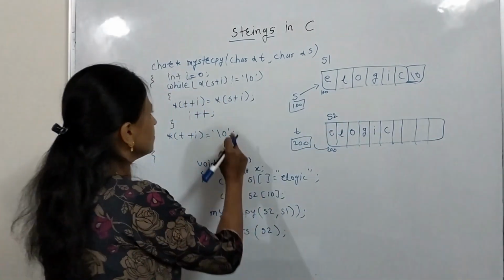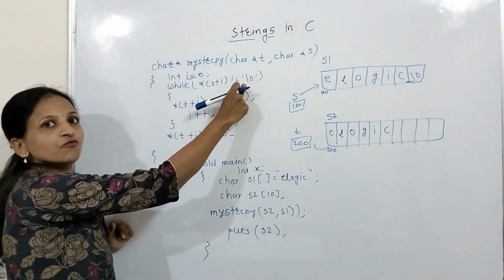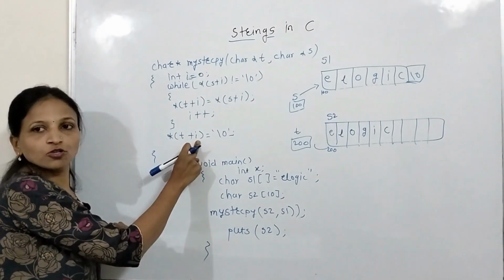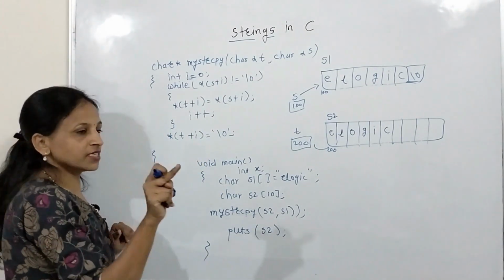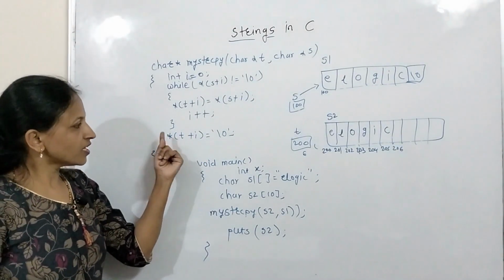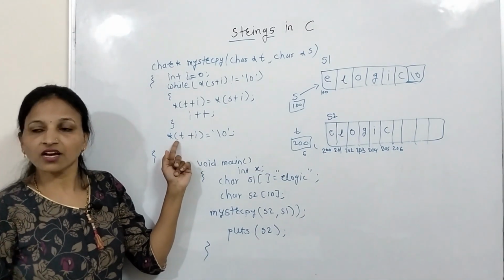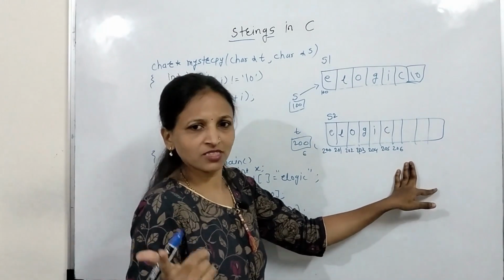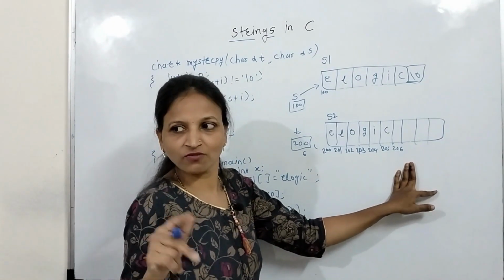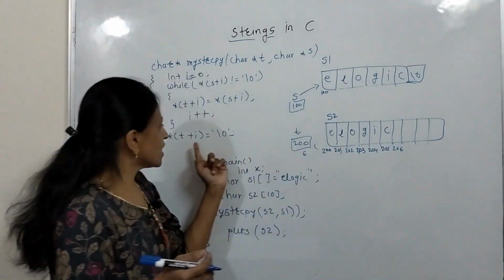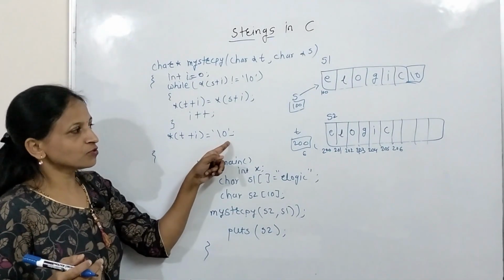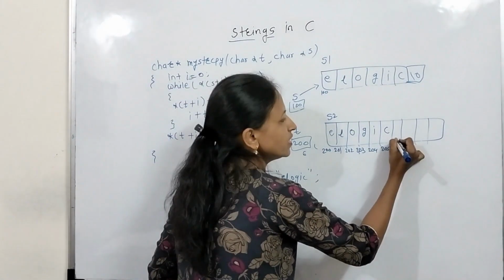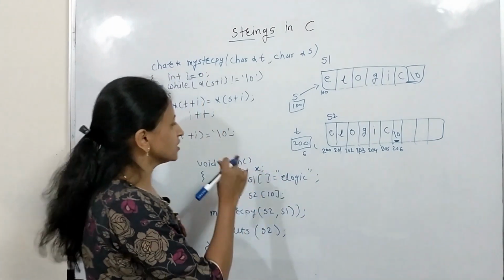At that time this condition will become false and we will come out of that loop. Now i is 6, and I have written *(t + i). t is having 200 plus 6. We will get 206 because one character space gets added. *206 = '\0' means what? Which location? This one. It will put \0 here.